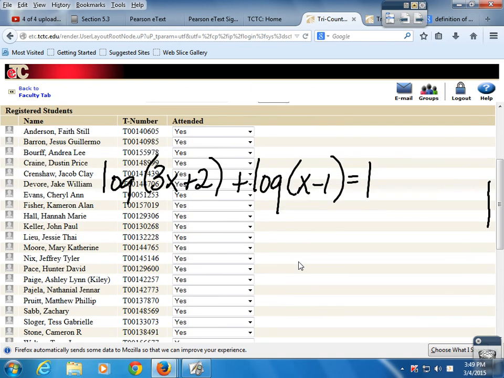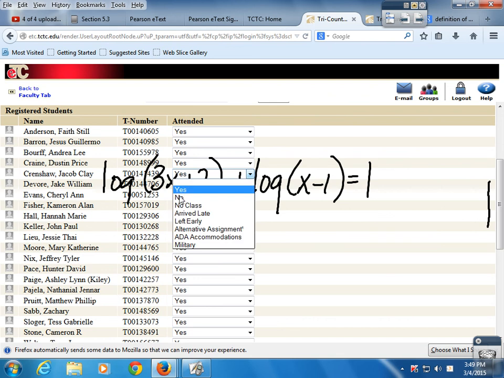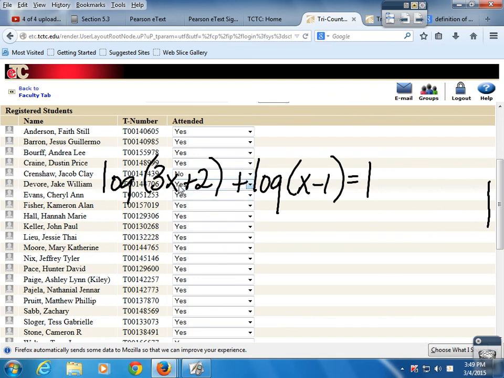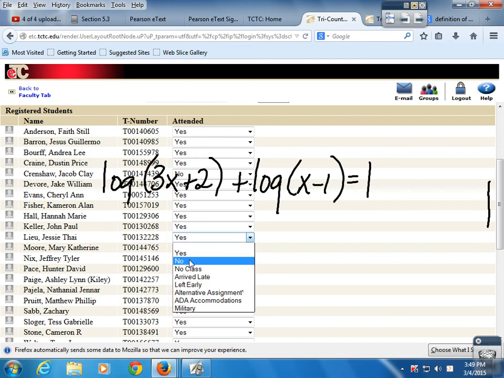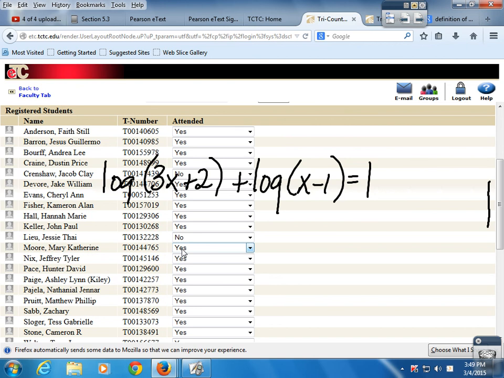Miss Anderson is here. Barron was here. Crane. Crenshaw. No Crenshaw. DeVore. Evans was here. Fisher. Here. Hall. Keller was here. Lou is here. No, Lou's not here. God, he never misses. I must work him too hard. Moore. Nix.